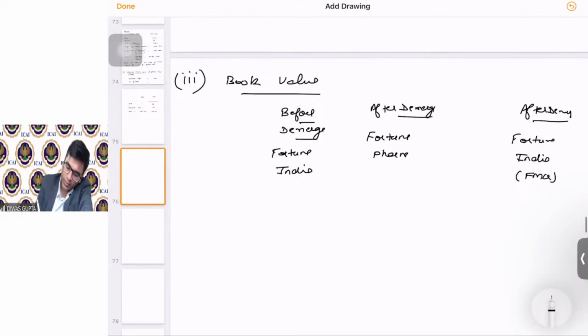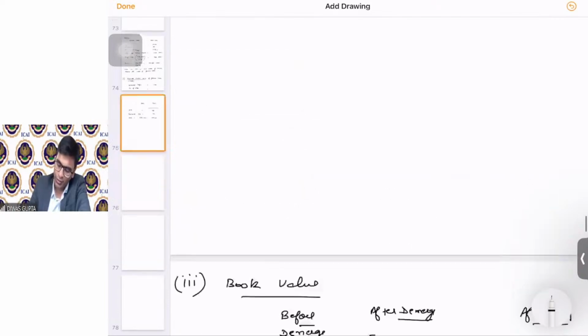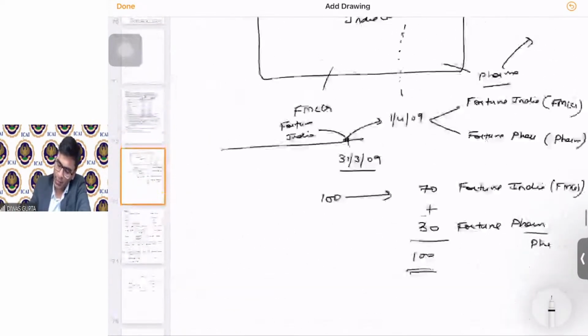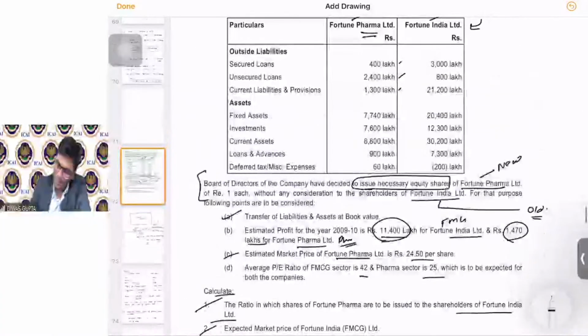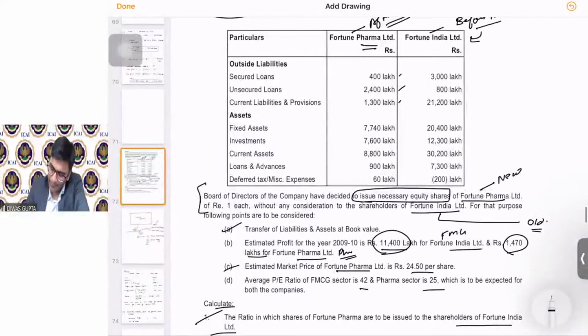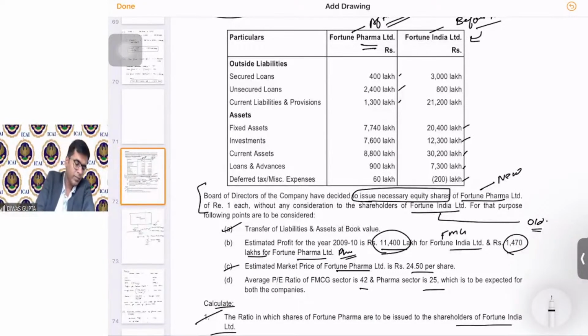Okay. So the assets total is how much? Assets total is 20,400. All these things need to be added, right? 12,300 plus 3,200 plus 73 minus 200.